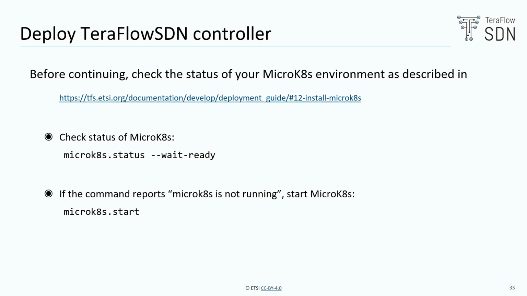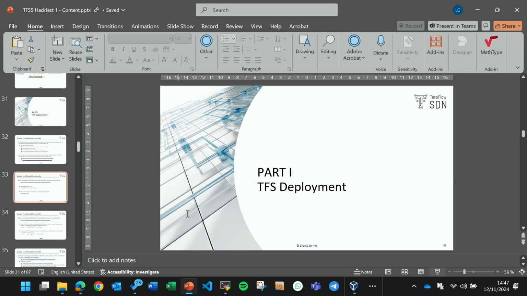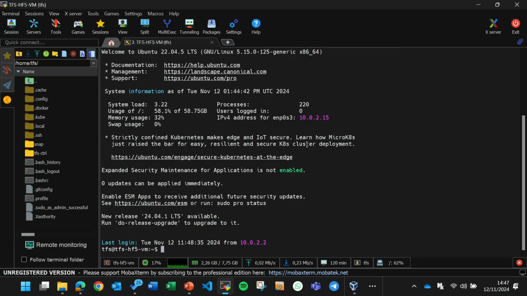Then, things you will have to do. You will have to run this command. This is to check the status of MicroK8s. In principle, if MicroK8s is running on your virtual machine, you will get a notification with all the add-ons that are configured in MicroK8s. If you don't get this, probably you need to start MicroK8s, and in that case, I will show you.